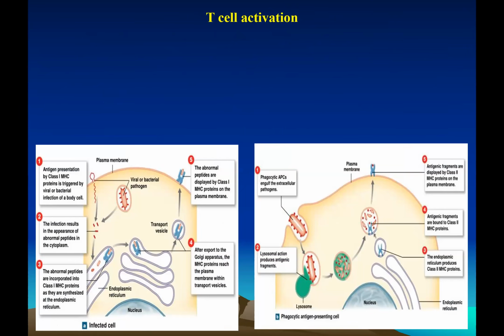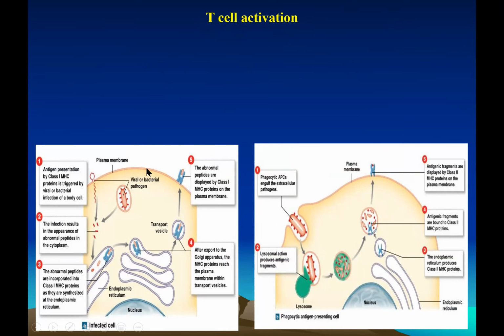The T cells are not able to perceive the antigen or the threat directly. So the phagocytes and B cells, when they are infected, will present a piece of the antigen on the cell surface membrane. This is called an antigen presenting cell.